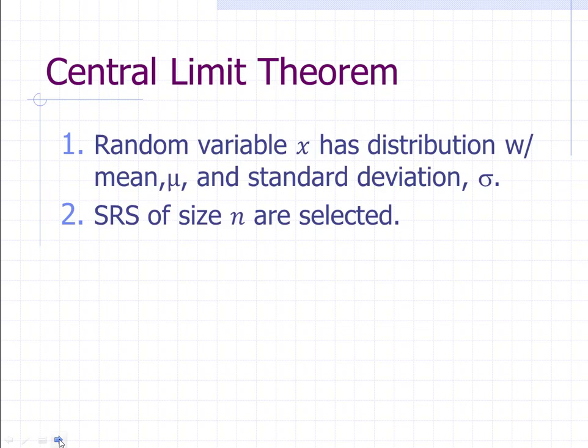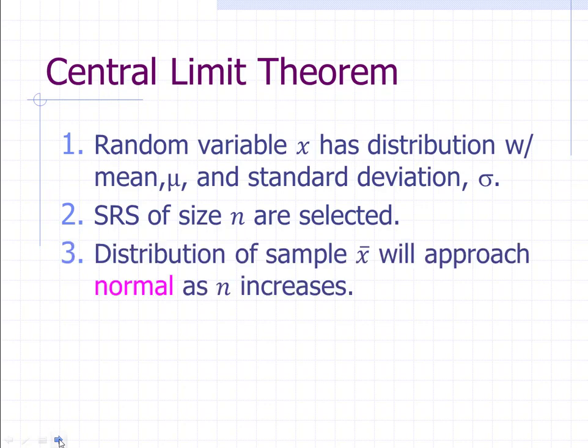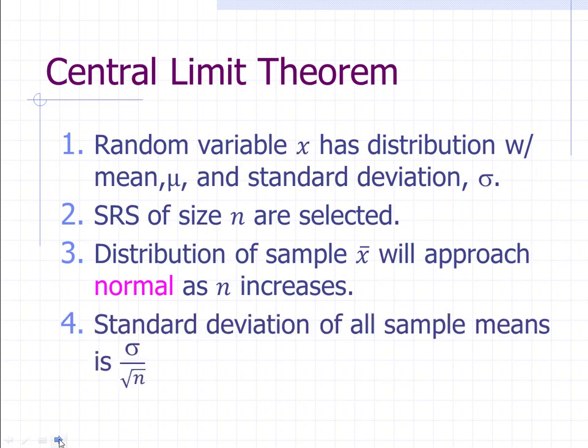We need to have a simple random sample of a certain size, and if we look at the sample means of any statistic that we're interested in, the distribution of sample means will approach normal as the size of your sample gets bigger. The standard deviation of the sample mean is our population standard deviation divided by the square root of n.